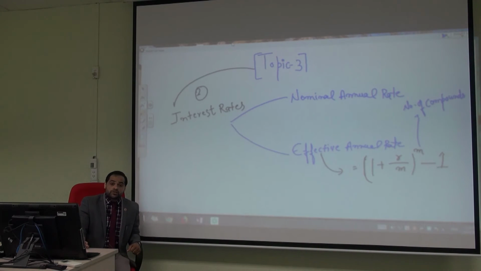Compound means any interest which increases the principal amount. In the effective annual rate, we have multiple compounds compared to the nominal annual rate.